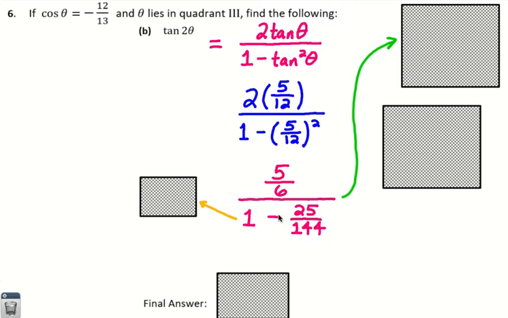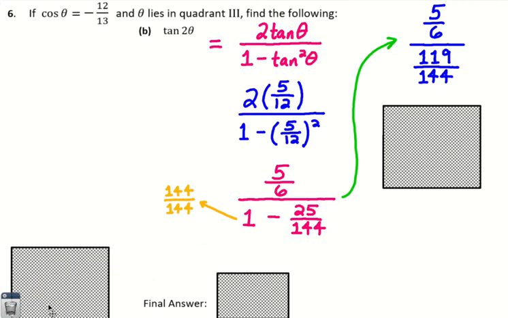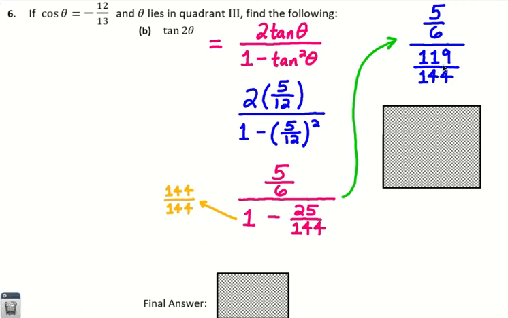Now, when we look to actually do the subtraction on the bottom, we can say that 1 is like 1 over 1, which is going to be 144 over 144. Ultimately this needs to have the same denominator as this fraction, so it becomes what's in orange. 144 over 144 minus that fraction gets you 119 over 144.